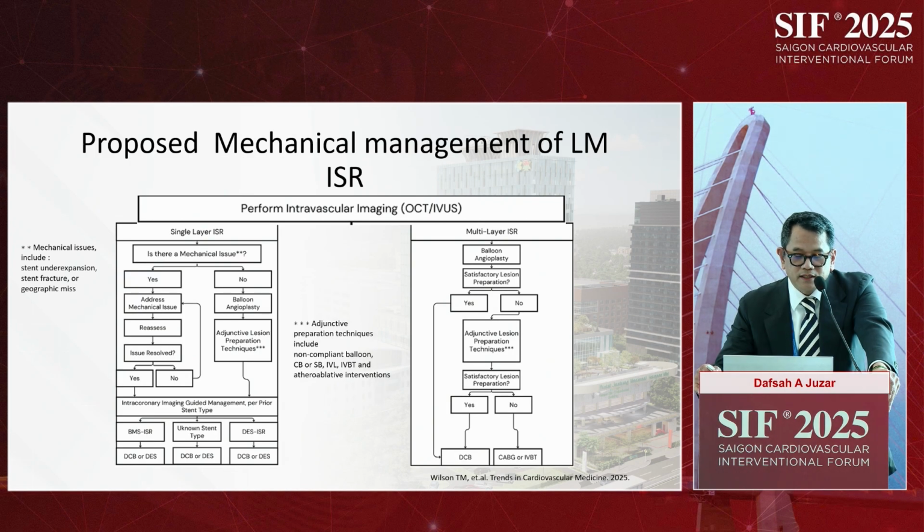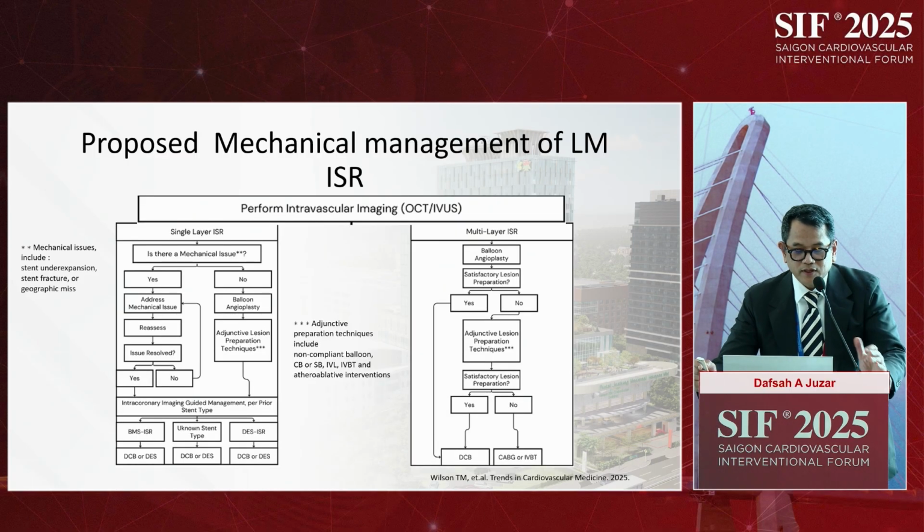So the proposed mechanism and mechanical management of left main ISR: first, before performing intravascular imaging, confirm whether it's functionally significant, and then perform the intravascular imaging. If it's only 1 layer of stent, then confirm whether it's a mechanical issue. If yes, of course, you have to address the mechanical issue and reassess whether it is resolved.